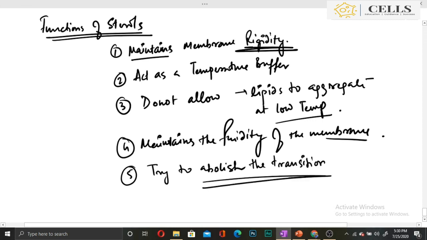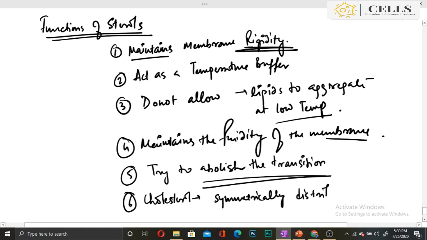And we know that cholesterols, we have also studied, are symmetrically distributed over the plasma membrane. The numbers are symmetrically distributed in exoplasmic as well as the cytosolic phases. That is also very important.